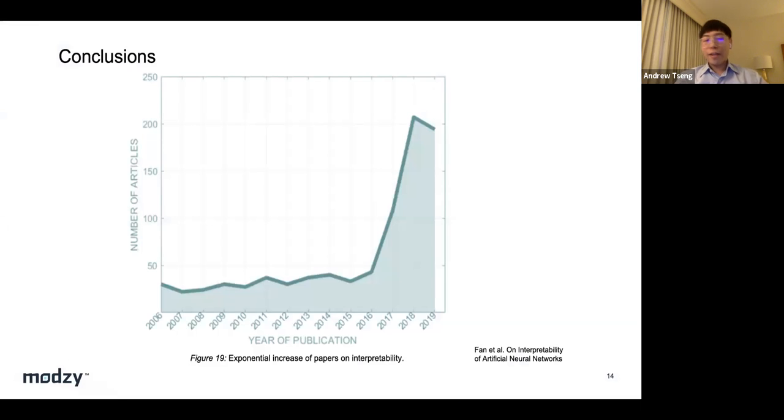Finally, I want to end this session with this graph. This graph shows the publication of papers related to explainable AI. Before 2016, people didn't really care about understanding why a model made such a decision or how the model makes decisions. People only pursued accuracy. We built large, complex models and trained on large data sets, and we wanted to increase our accuracy and performance.